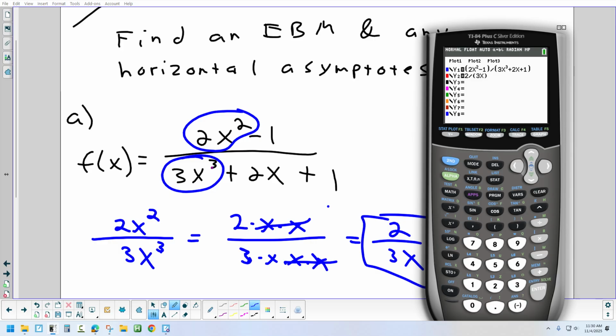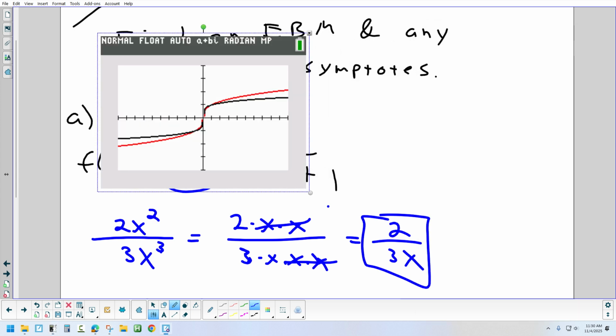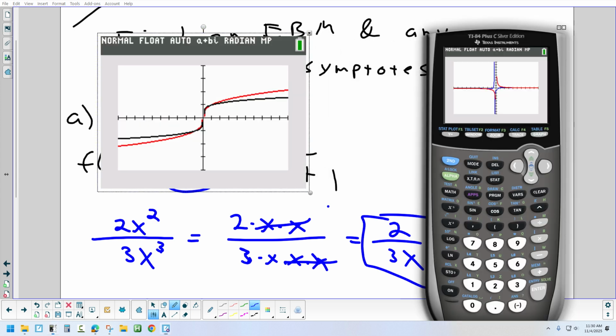I didn't, and that's why it didn't look right. So that's the original, the f of x. And here's 2 over 3x.